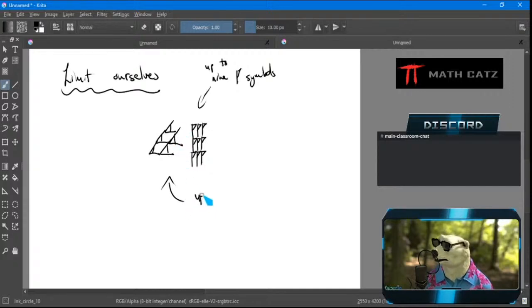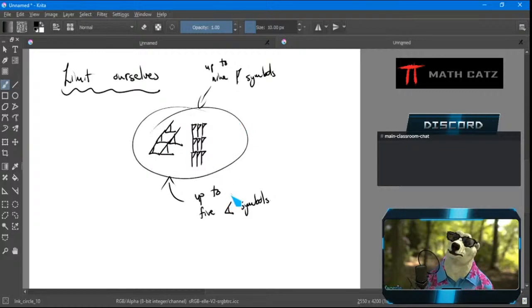So they decided, I didn't decide it, they decided up to 5 of these 10s symbols. Maybe trial and error, slowly over time, they realized that, okay, this is as far as we're going to go so that we can still see very quickly the quantity and read it and move on with our lives. Anything more, and it slows us down and we really have to stop and count, and that's not how you want to look at a number and know what it is and move on.